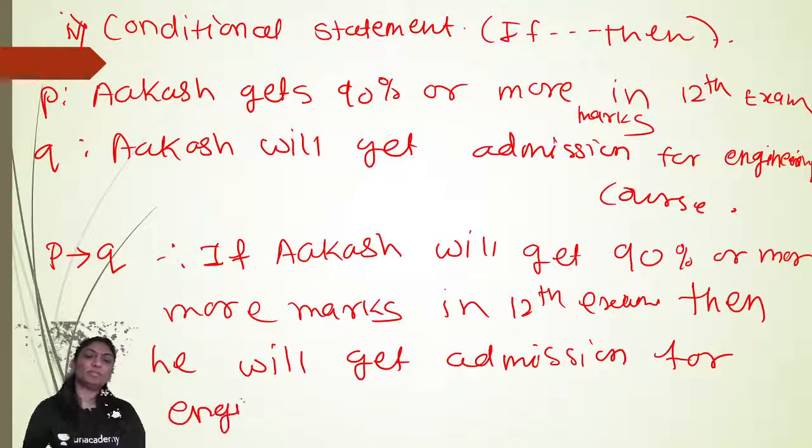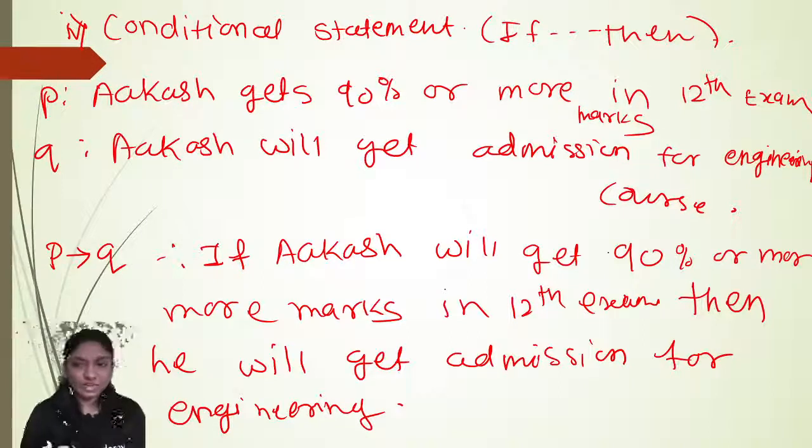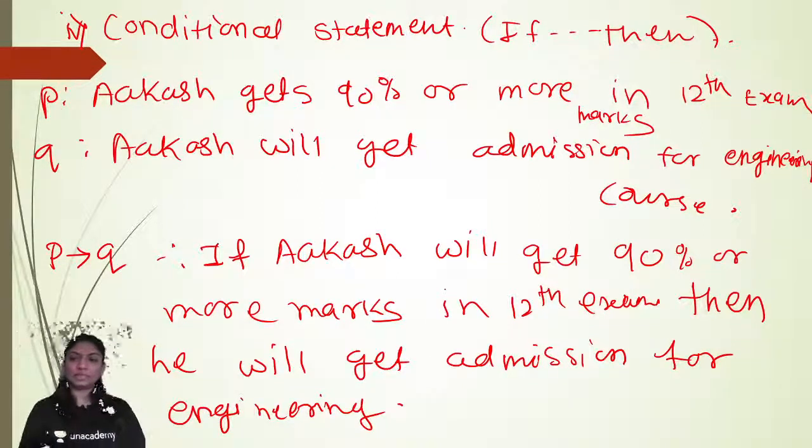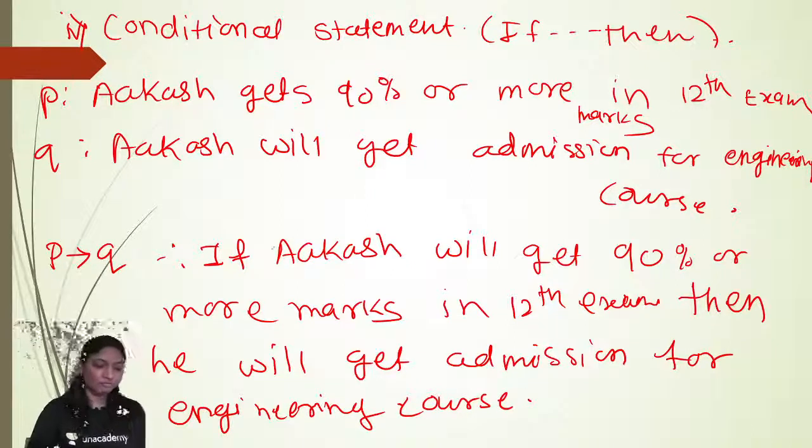So this is your compound statement of the two given statements, right? If Akash gets 90% or more marks in 12th exam, then he will get admission for the engineering course. This is your compound statement, if then.